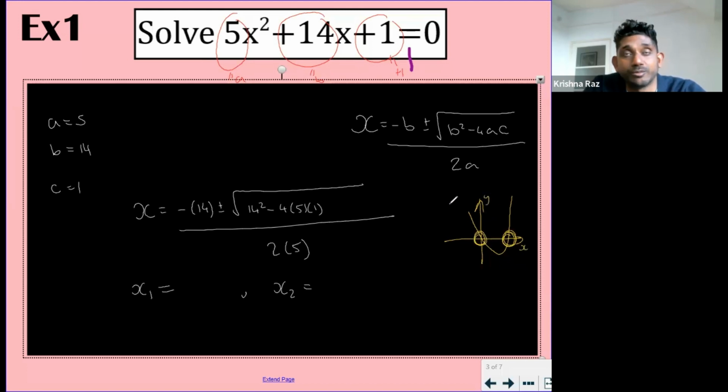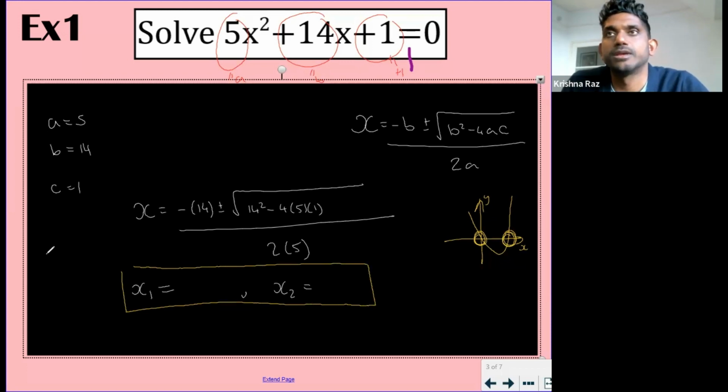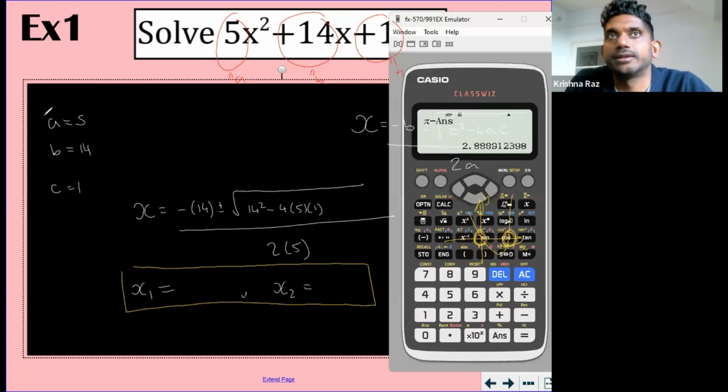And what we are finding when we solve the quadratic equation is those 2 values. So now let me get the calculator up, and we can pop that into the calculator.